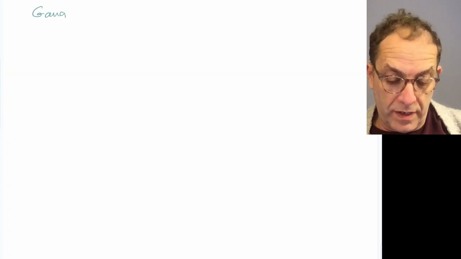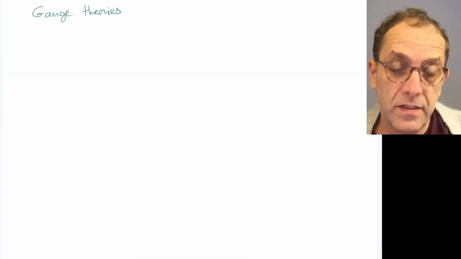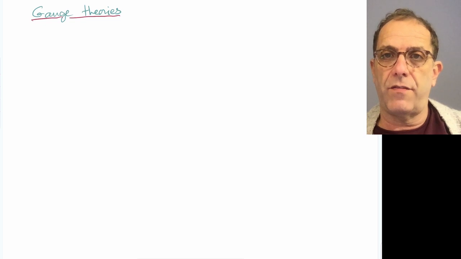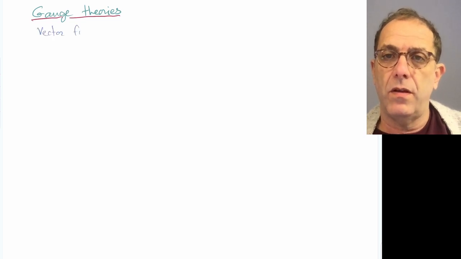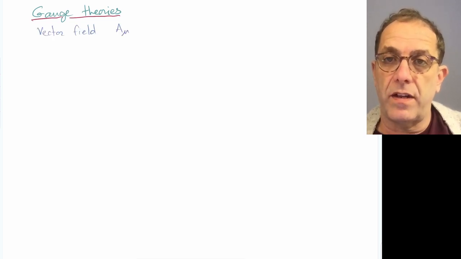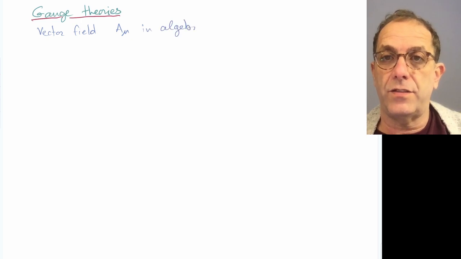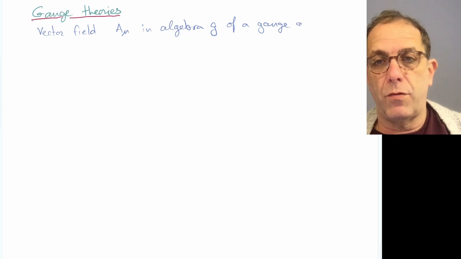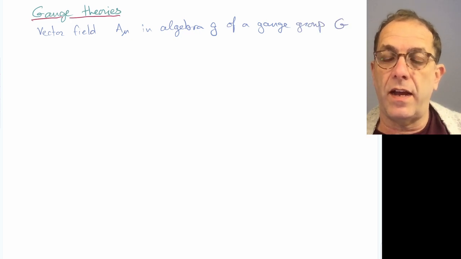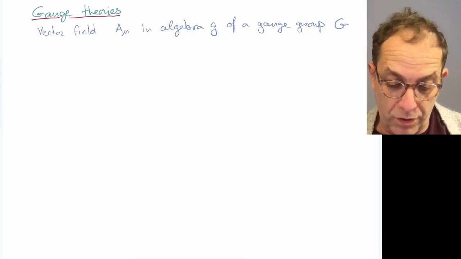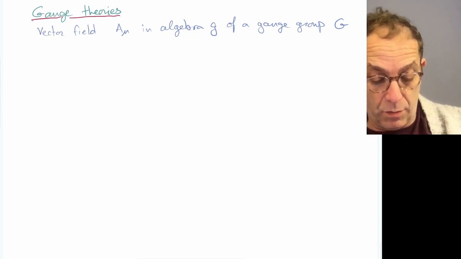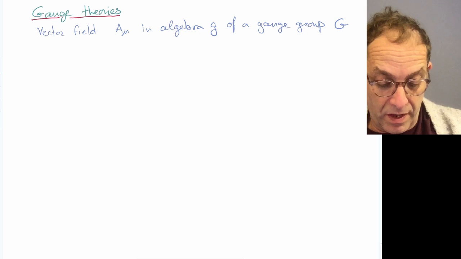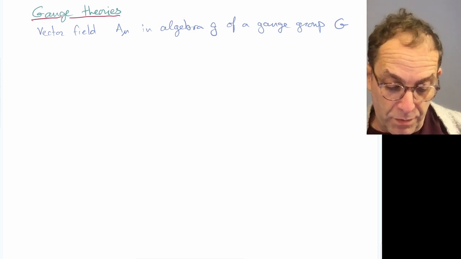So let us start with gauge theories. So in a gauge theory, you will have a vector field, A mu, in the algebra, little g, of the gauge group, capital G. If we are talking about higher spin gauge theories, then they will not be vectors, they will be a higher representation of the Lorentz group, but I will not talk about that today.